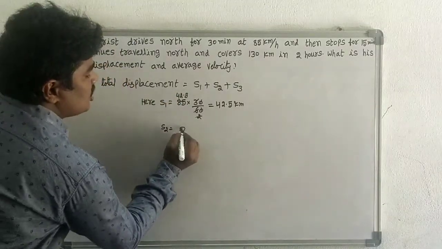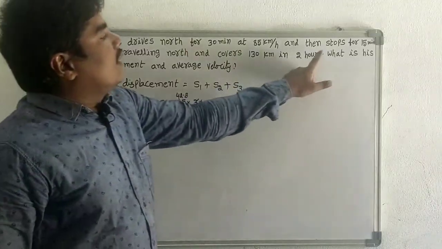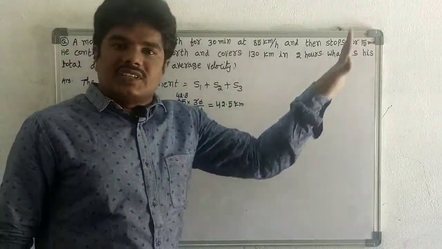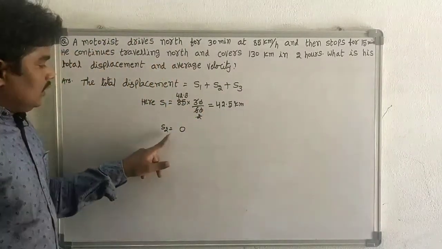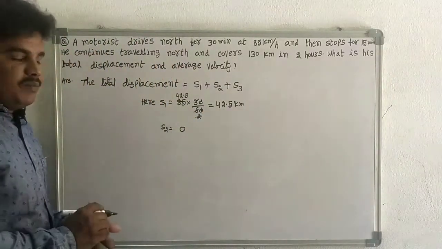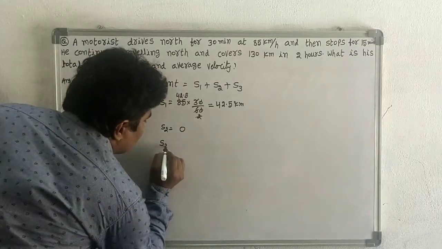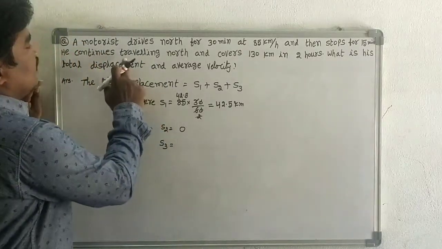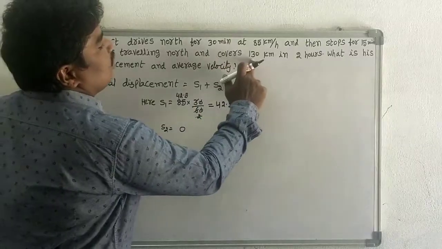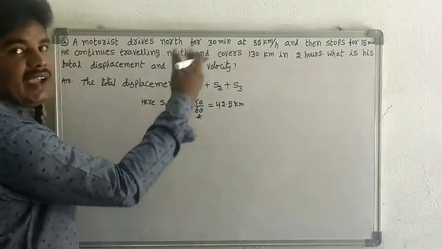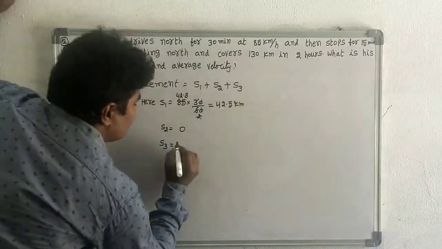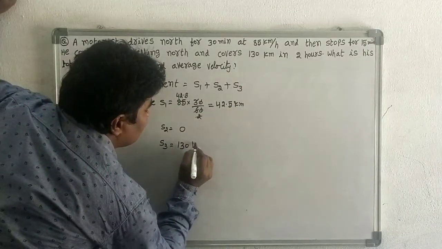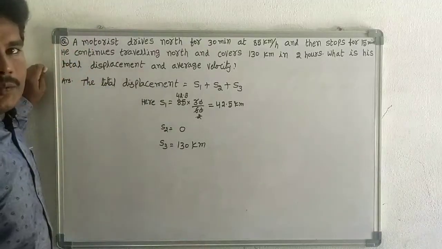Then S2 becomes 0. Why? Because he stops for 15 minutes there. He didn't move, so the second displacement becomes 0. Now S3: traveling north and covers 130 kilometers. Directly the displacement is given, that is 130 kilometers.